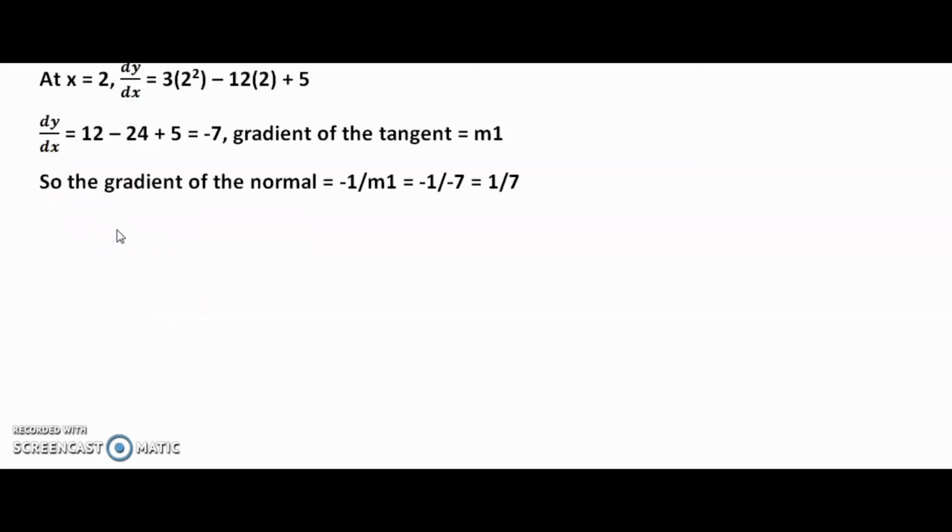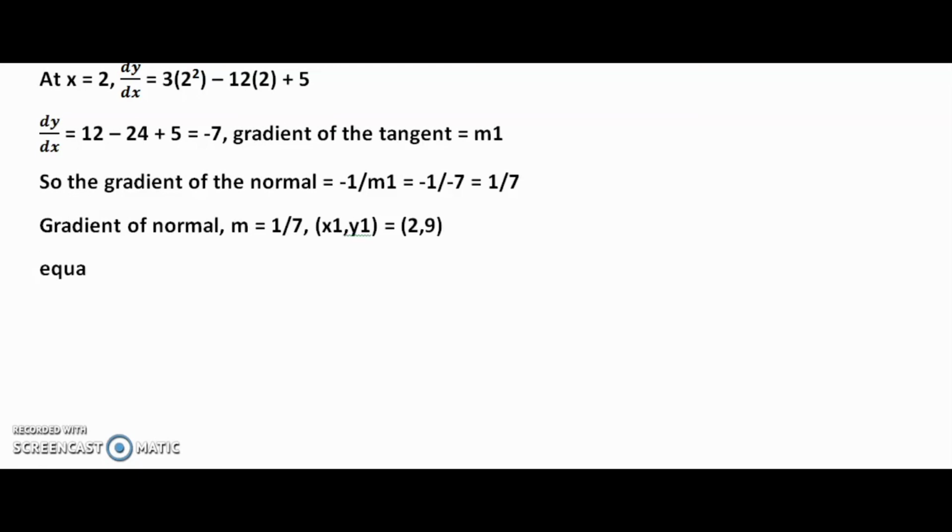Now we have all the required materials for finding the equation of the normal, where the gradient of the normal is 1 by 7 and the point of contact is (2, 9). That means the ordered pair (x1, y1) is equal to (2, 9), where x1 is 2 and y1 is 9.